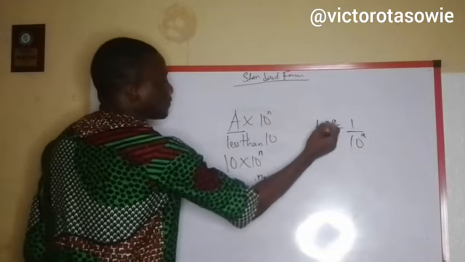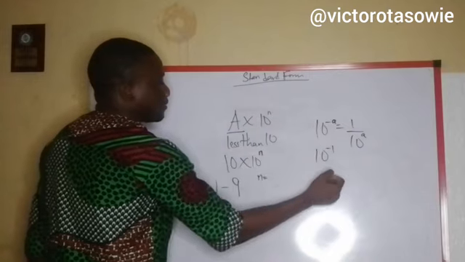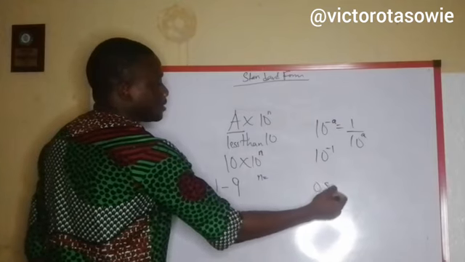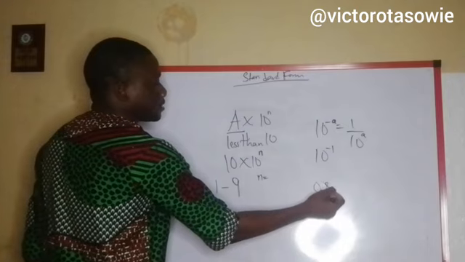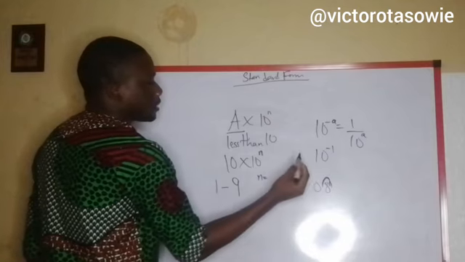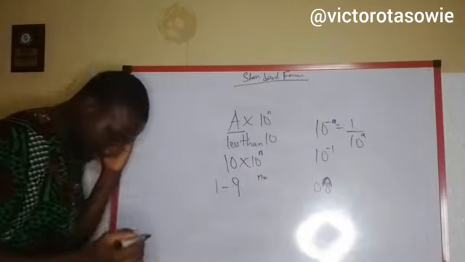So meaning that if we're having 10 raised to power minus a or 10 raised to power minus 1, it is somehow 0 point something. So if we say 0.8, this is already moving the decimal point backward.